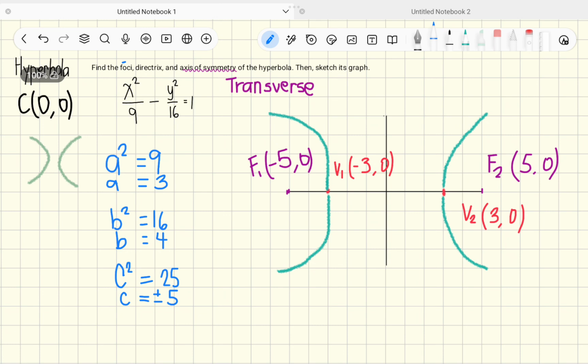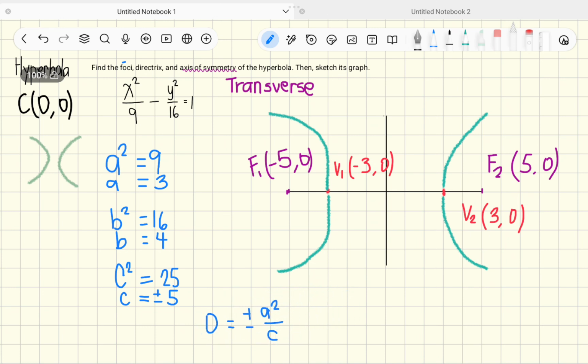Since you have a horizontal hyperbola, let me denote this as d equals positive or negative a squared over c. For this case, a squared is 9 and c is 5.